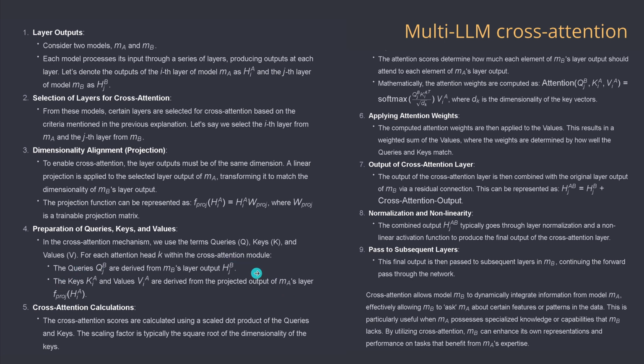So now you feel familiar. We have our key and value pairs from model A, and we have the queries for model B, and we do a cross attention between the now dimensionality-coherent layer that we have chosen, and we do the cross attention calculation.